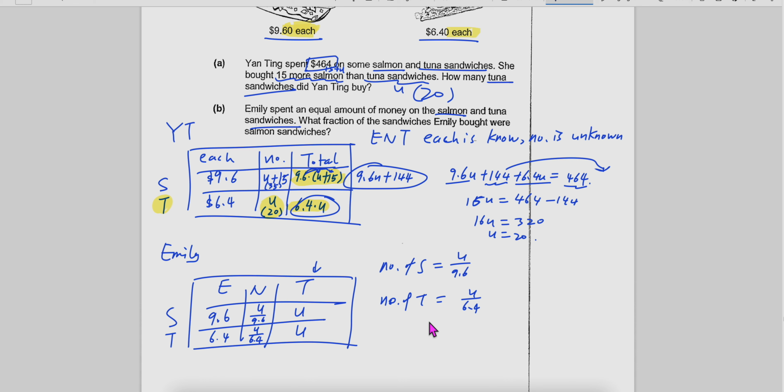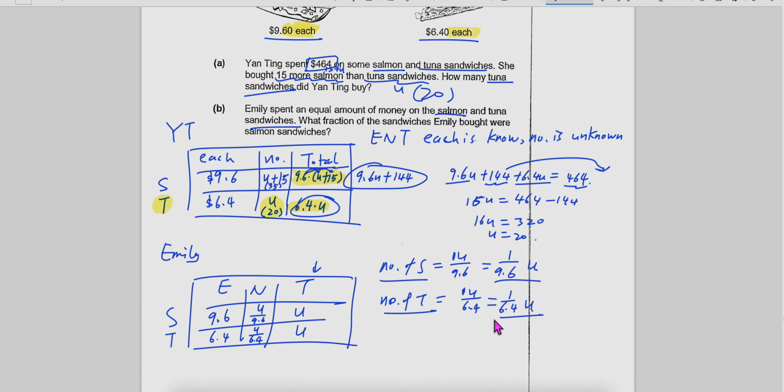So how do you see this fraction? When you have a U, that means there's a 1 above. So you simplify into 1 over 9.6U. For this one, you have a U here, therefore you have a 1 here. So it's 1 over 6.4U. So the number of salmon is this one. The number of tuna is this one.